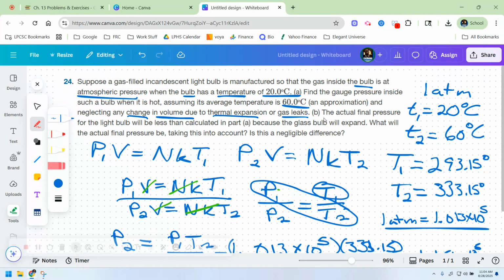For part B, the actual final pressure for the light bulb will be less than calculated in part A because the light bulb will expand. Okay, so this is interesting.